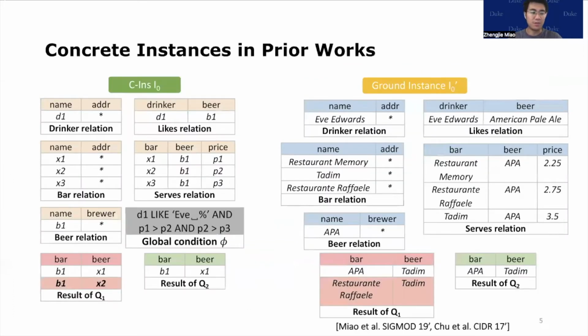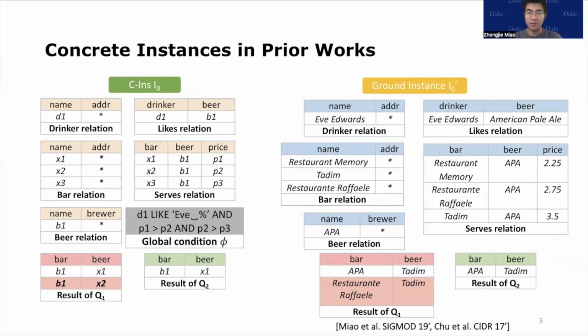Previously, people have been looking into finding concrete instances as counterexamples for two queries. For example, the concrete instance I0 prime here captures the same mistake as this instance I0. This can be generated by our previous solution based on a given test instance, or by tools like Cosette that generate counterexamples from scratch.